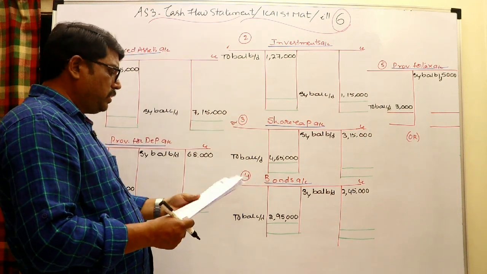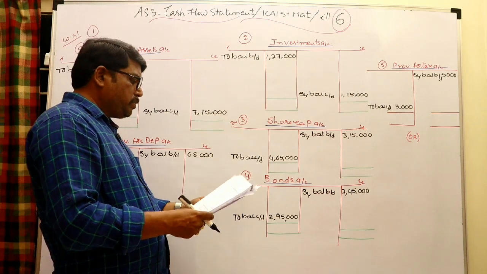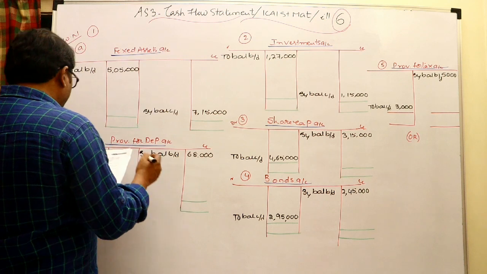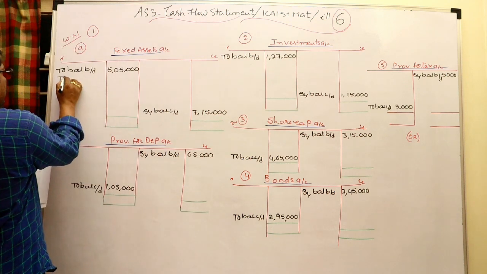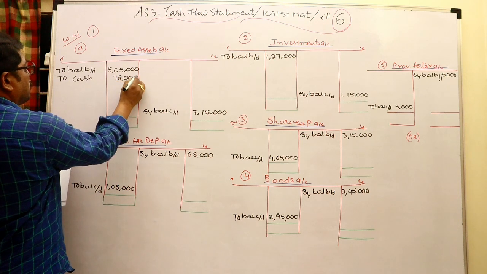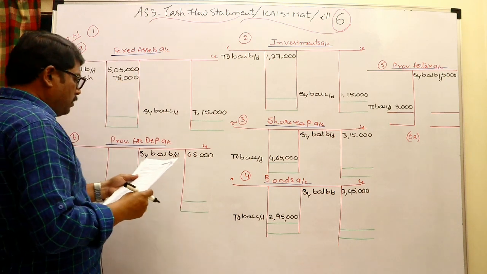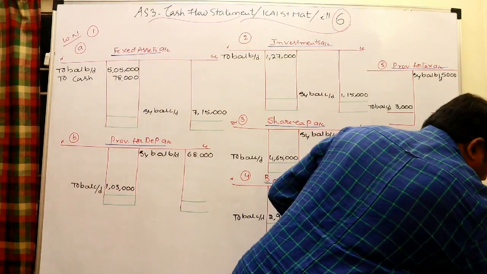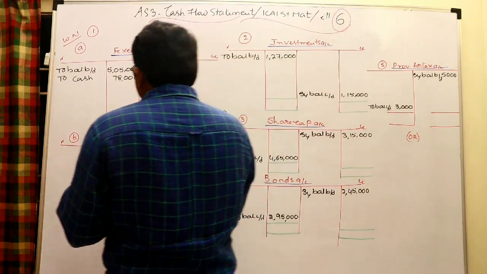Purchase of investments 78,000. Investments account to cash account or bank account. In the investments, to cash 78,000.